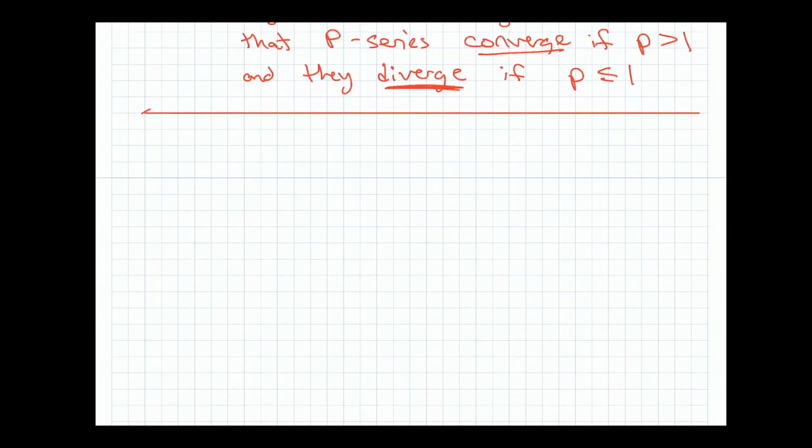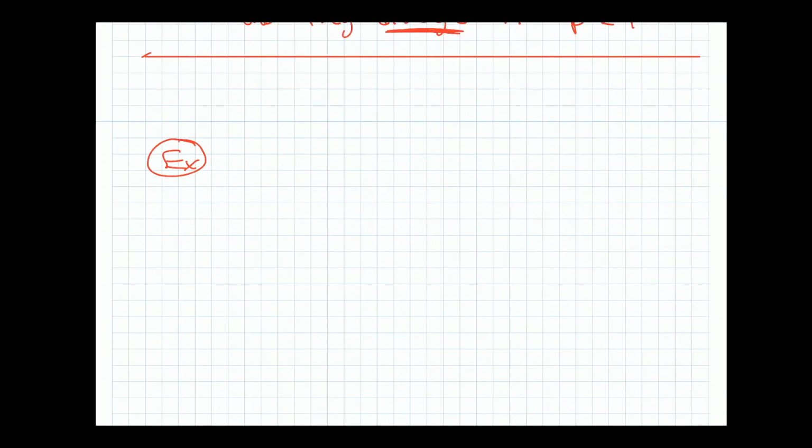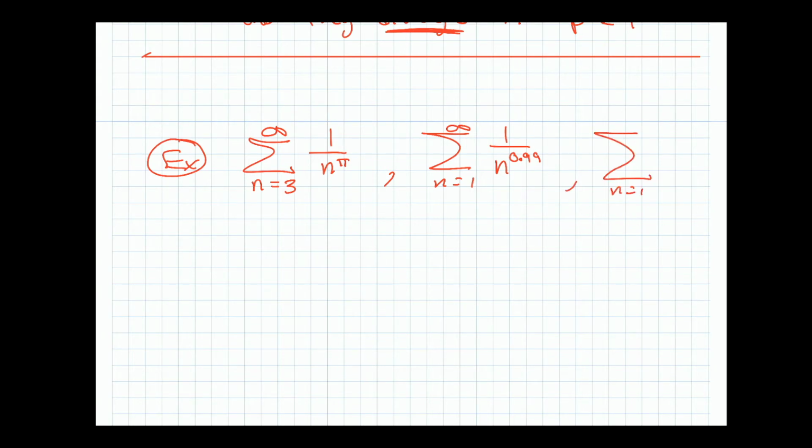But I don't want to do the integrals. How would you use this? If I write a couple down, let's even change the numbers: 1 over n to the pi, 1 over n to the 0.99, and the sum from 1 to infinity of 1 over square root n.